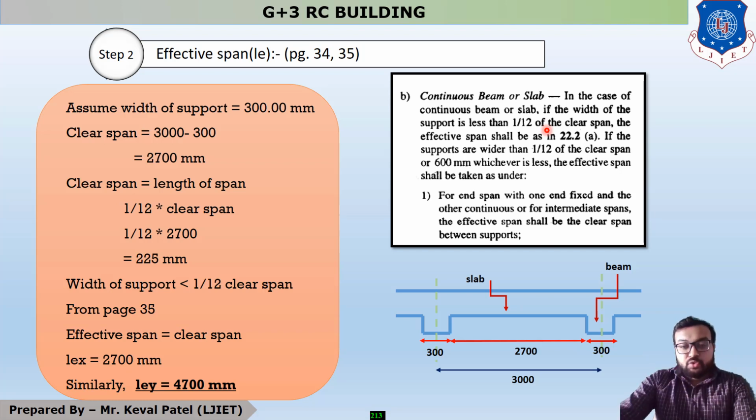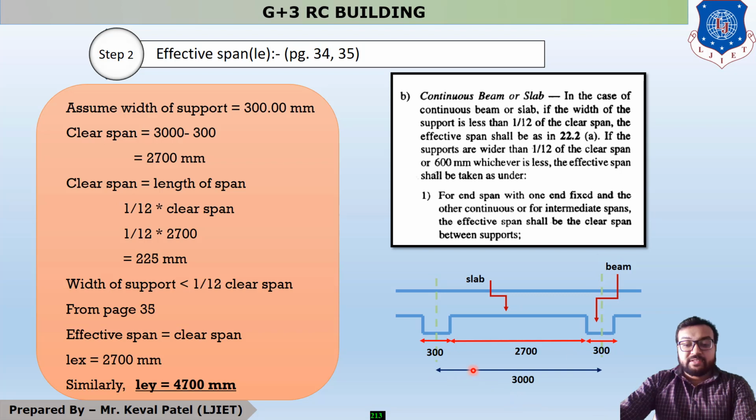You have to find the clear span with the help of this figure, because in the system given in the question, all the dimensions are center to center dimensions. So your 3 meter is your center to center dimension.